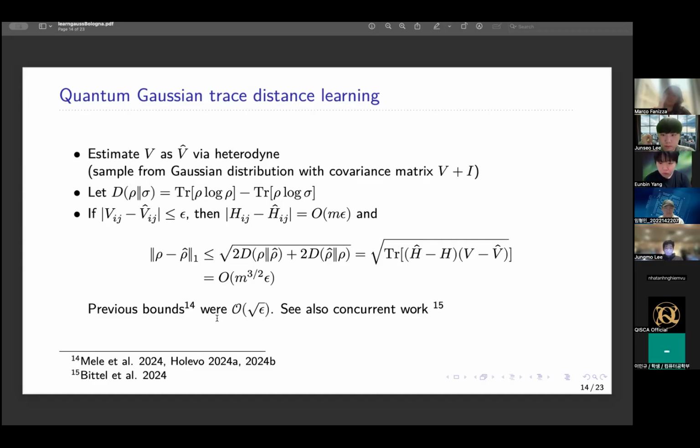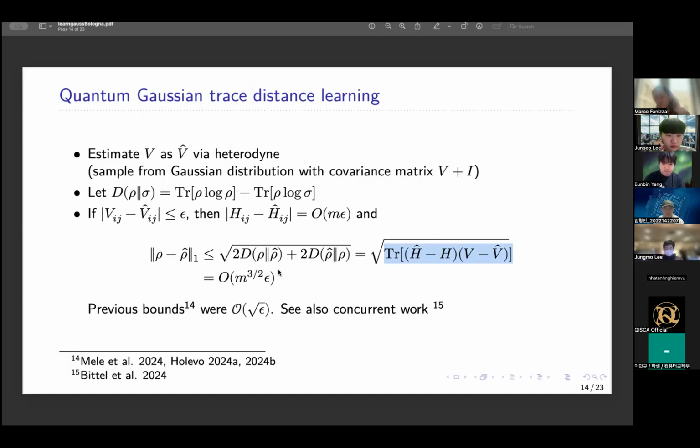And then to bound the trace distance, we use Pinsker's inequality in a symmetrized way, so that we take the sum of the relative entropies of rho and rho hat in exchanged order. And this simplifies for non-zero mean states in this way. It's slightly different if the states are non-zero mean, but it doesn't matter for this computation.